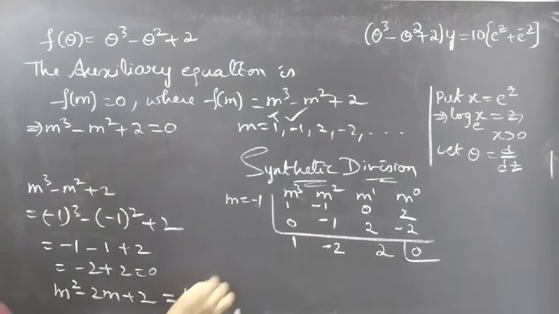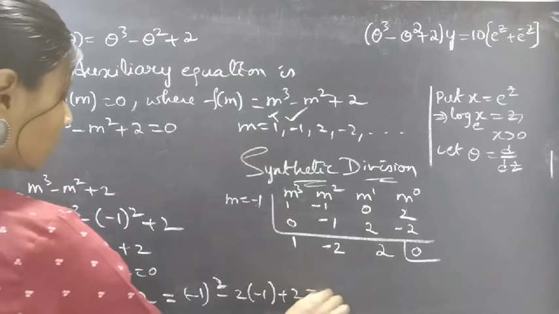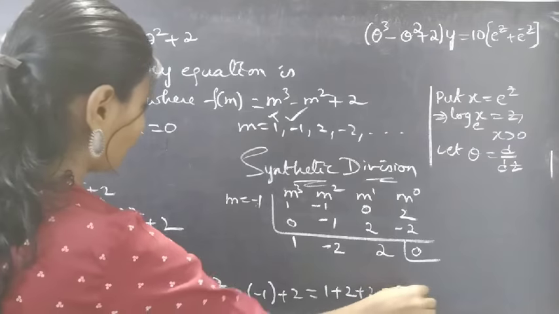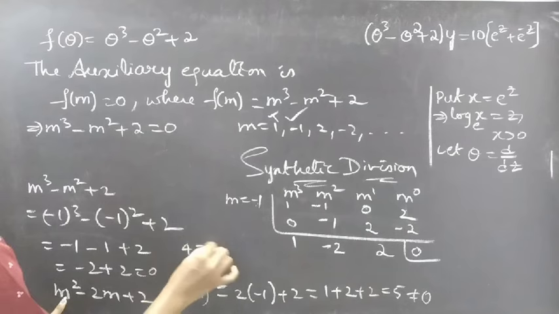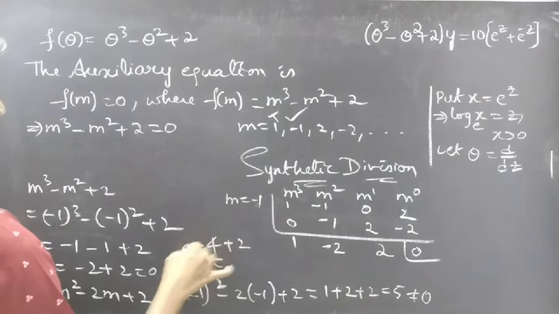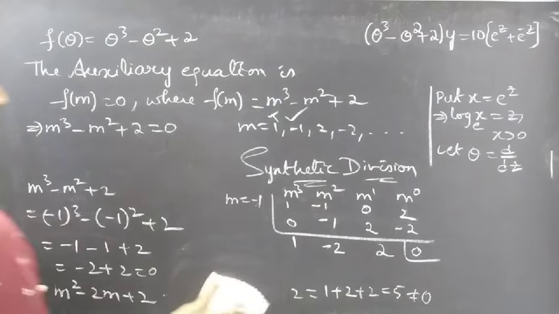We'll get minus 1 whole square minus 2 into minus 1 plus 2, which is equal to 1 plus 2 plus 2, which is equal to 5. Again, a non-zero number. Likewise, when you go for 2, you'll get 2 square 4 minus 2 2s are 4 plus 2. You'll get 2, a non-zero number. So we are not going to get a proper root from this polynomial.